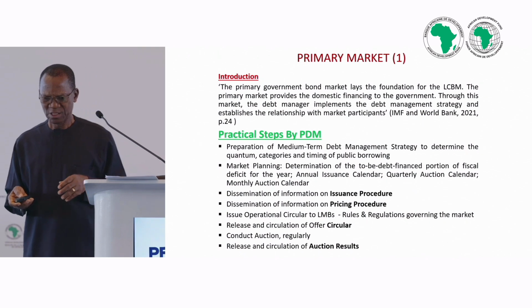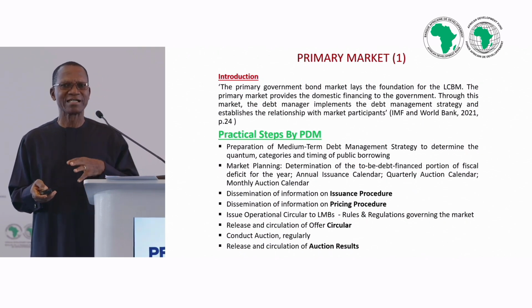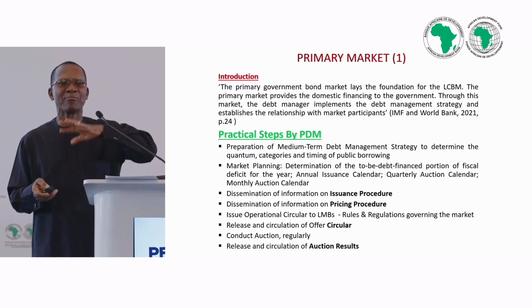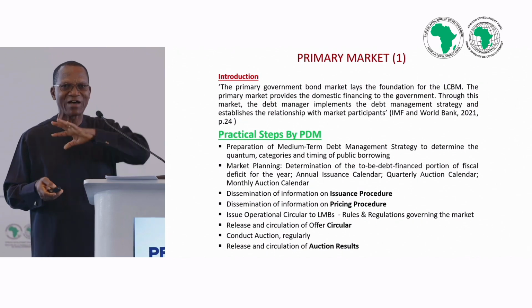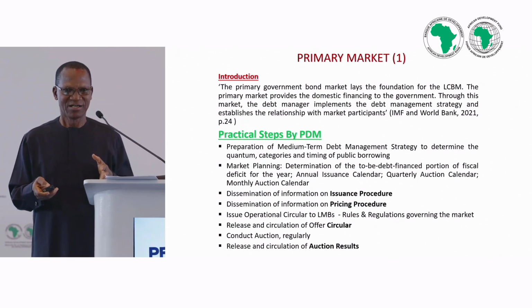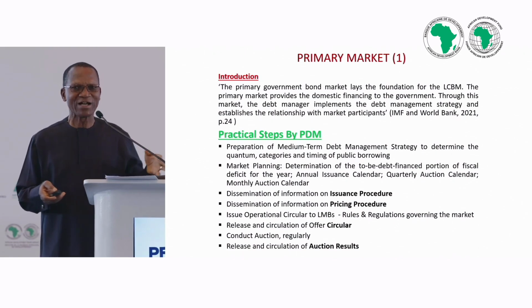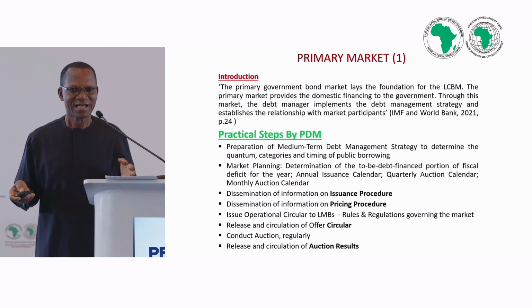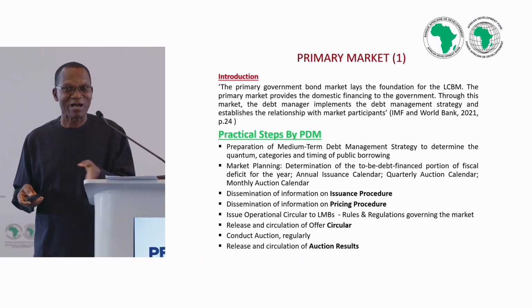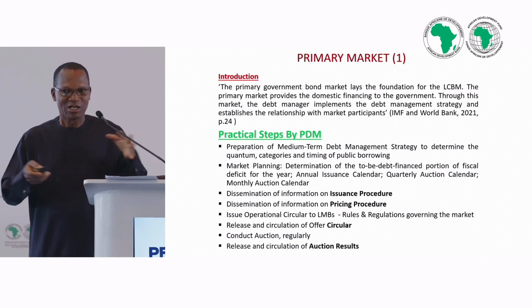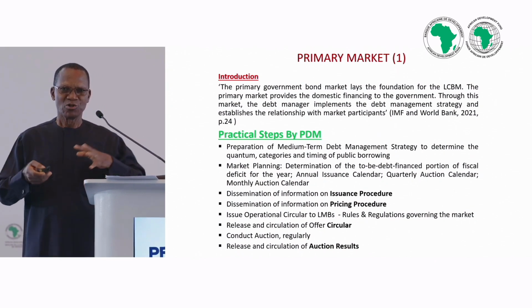Based on that, you have to decide what is the annual borrowing program. You have an annual calendar. Assuming you are borrowing 100 billion units of the local currency over the 12 months in a year, how much are you borrowing in January? How much in February? You have to plan that overall, annually.